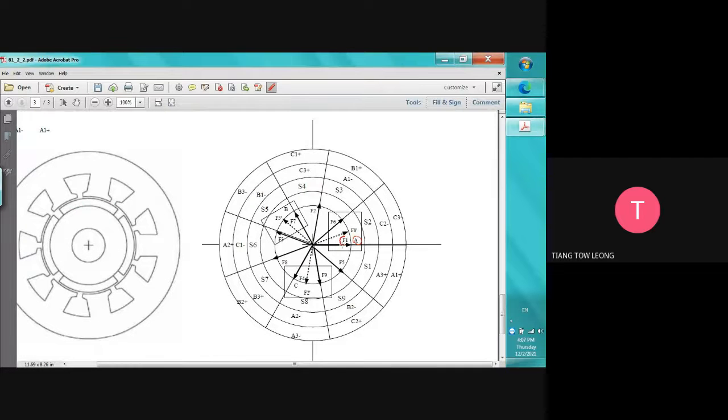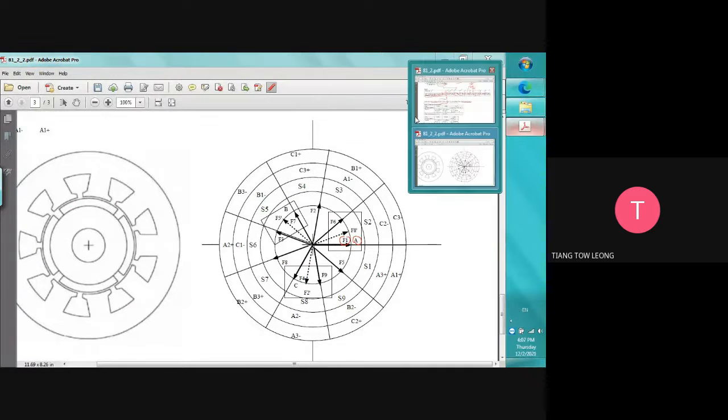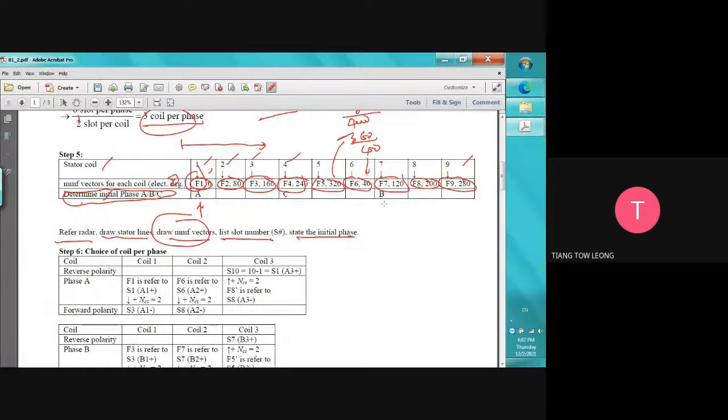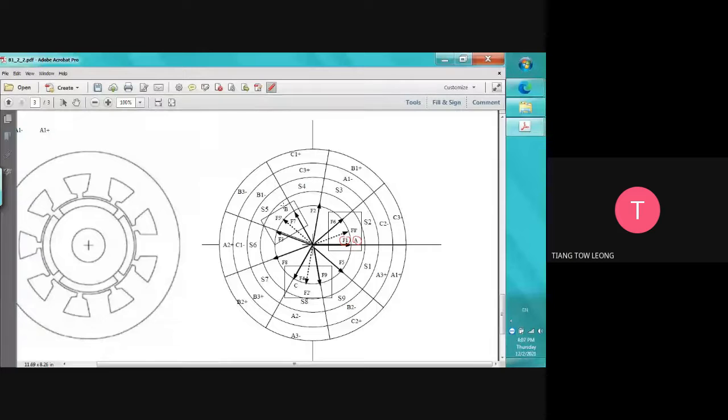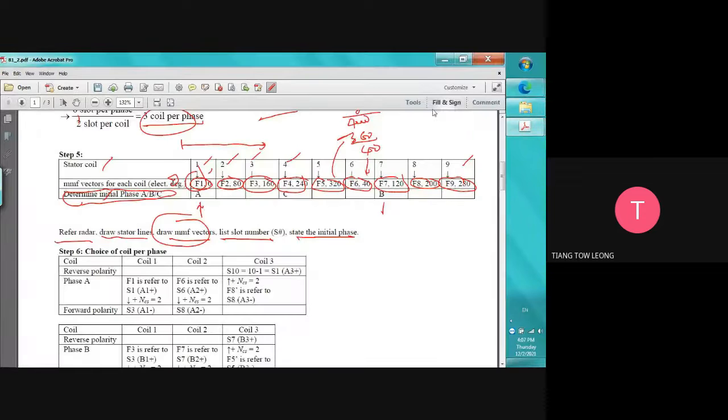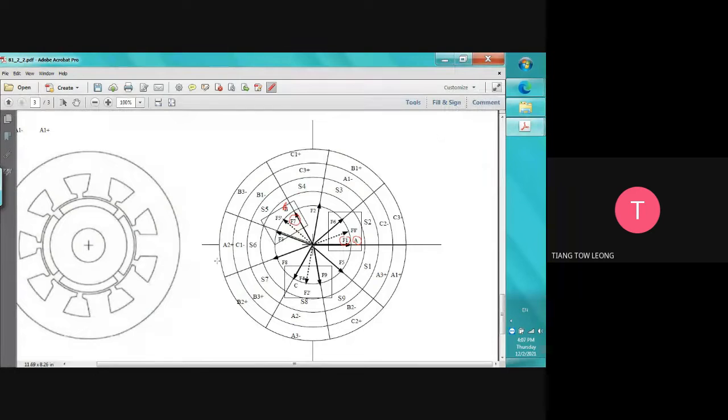A must have F1. Next, B must have F7. C must have F4. Okay.